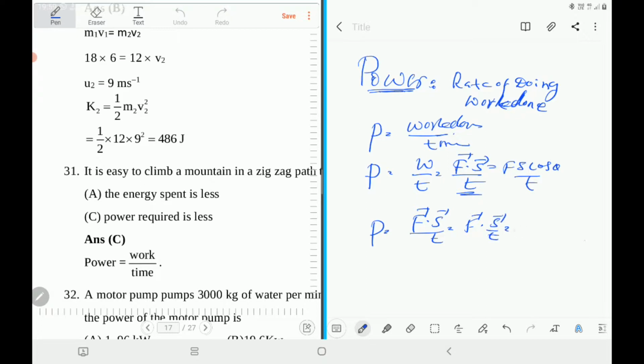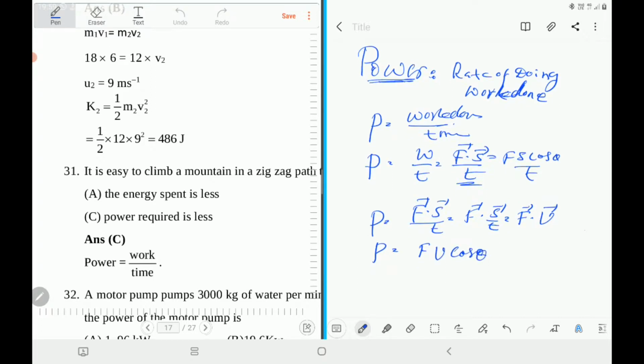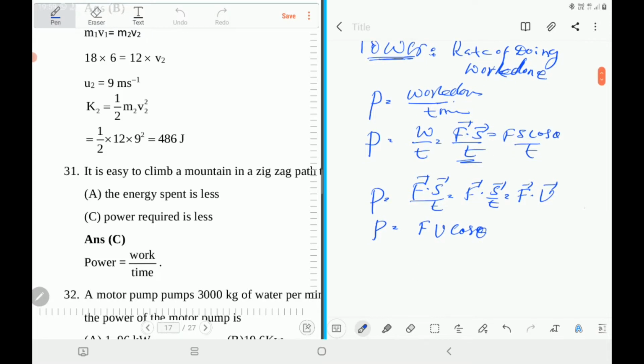Rate of displacement is velocity, so I can write F dot V. So power is also written as the dot product of force and velocity. So F v cos theta will be quite useful for our calculations further. The rate of doing work is power.